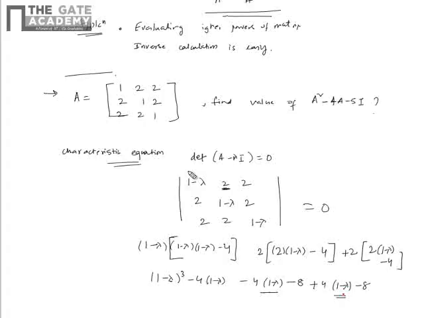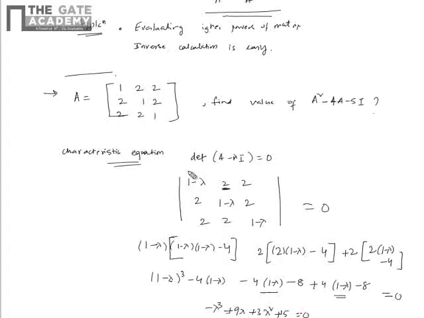When you simplify this, it comes out to be minus lambda cube plus 3 lambda square plus 9 lambda plus 5. You have to simplify this manually, and I'm just writing out the final expression.